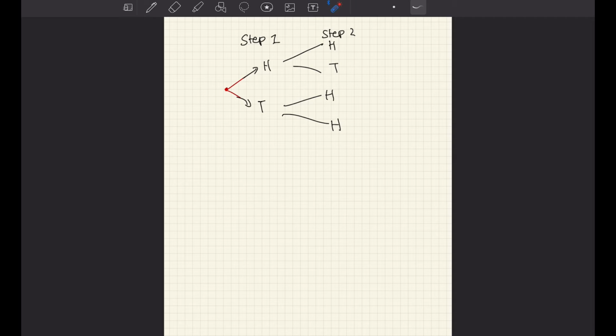So when we flip 2 coins, we have 4 possibilities. So you can have tails heads, and then tails tails. We can have heads tails, and heads heads.